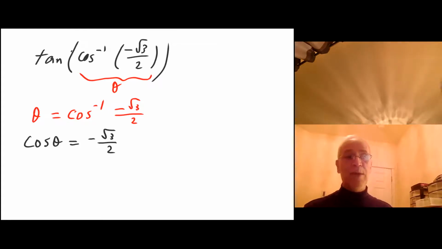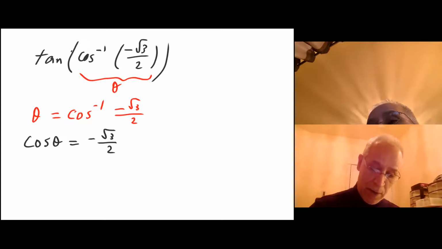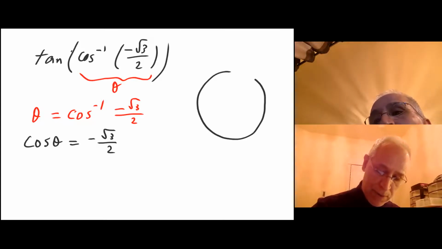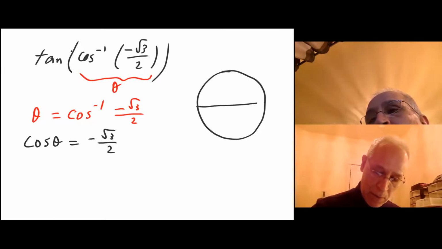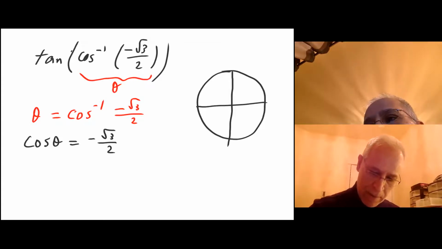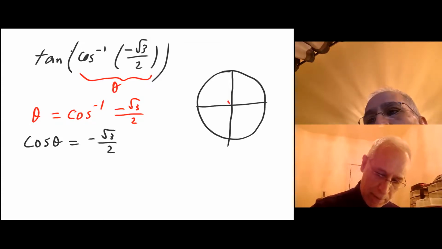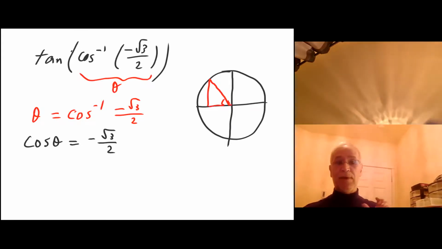Once again, the domain for cosine inverse is between 0 and pi. So if this is the unit circle, I have a triangle like this. Remember, your theta must touch this origin. That's where the orientation of your triangle is very important.